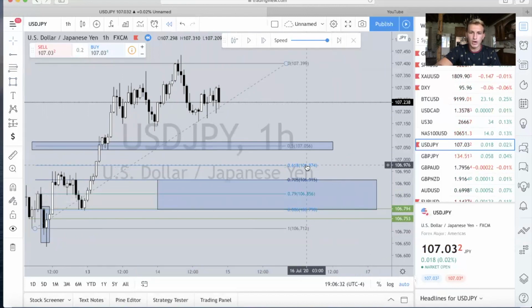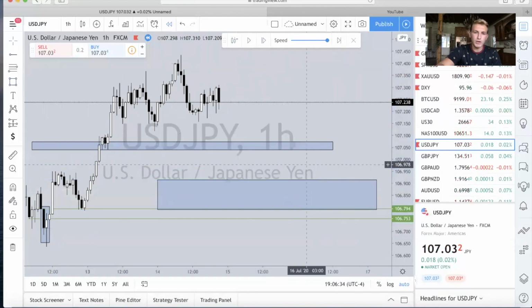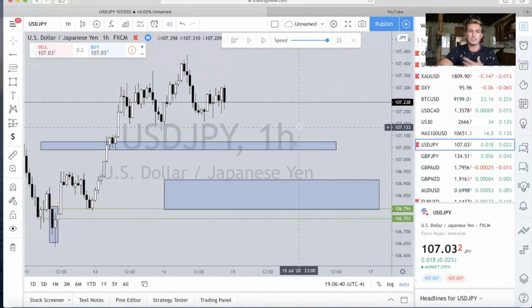I'm going to go ahead and delete the Fibonacci tool, but this is the area where we're looking for the market to come back to before we expect that overall continuation to the upside. But guys, you must understand that having that kill zone is only one confirmation. With trading, you need multiple confirmations. The more confirmations you have, the higher the likelihood that the market's going to do what you want it to do.